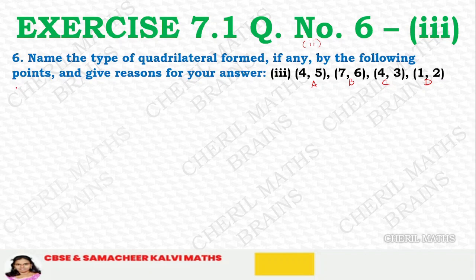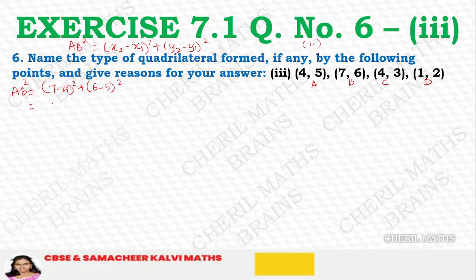So first we will find out for AB. We know the formula, so we can write AB square is equal to x2 minus x1 the whole square plus y2 minus y1 the whole square. So for AB square, we can write 7 minus 4 the whole square plus 6 minus 5 the whole square.